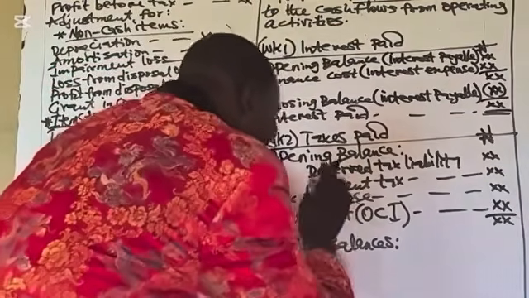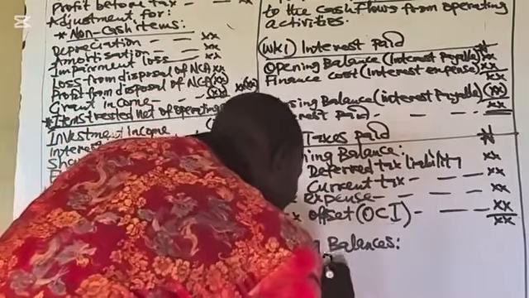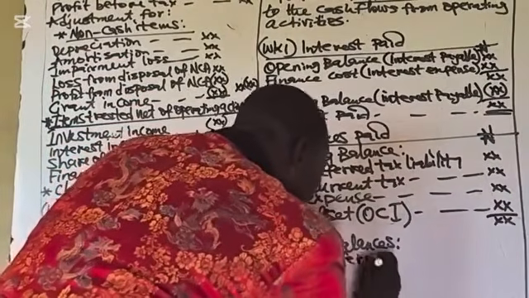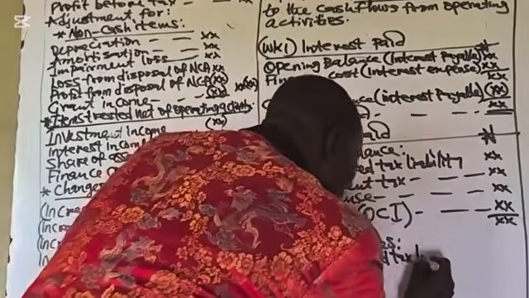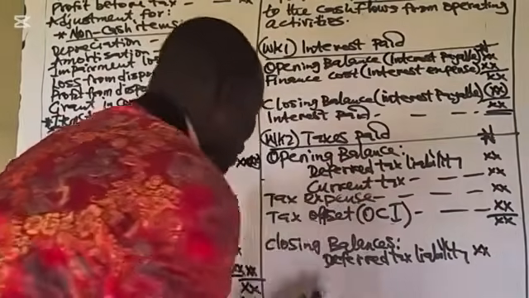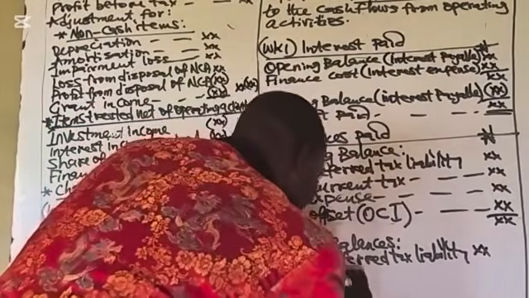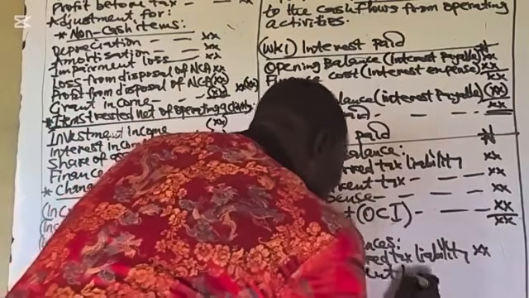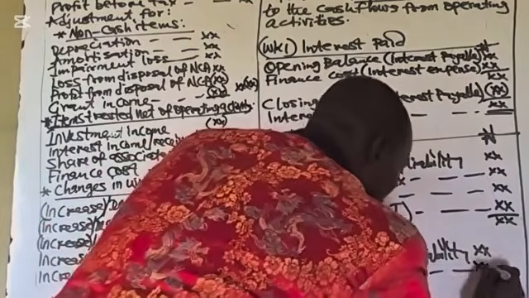The closing balances include deferred tax liability, which will be found under the non-current liabilities. Then you have current tax. This one will be found under current liabilities.